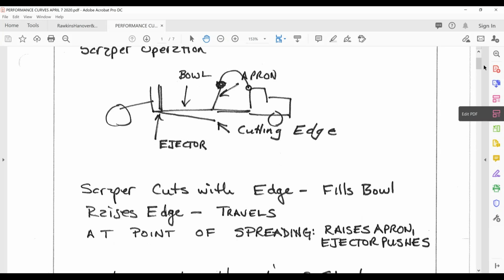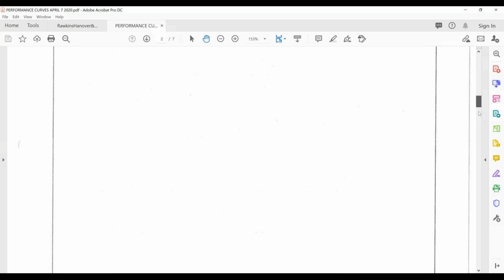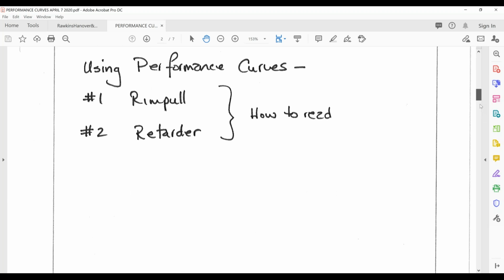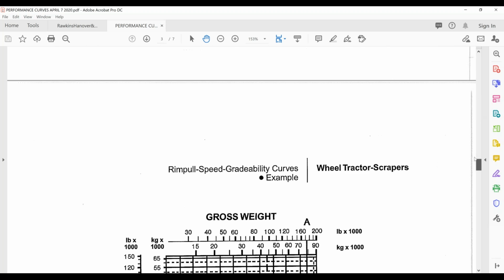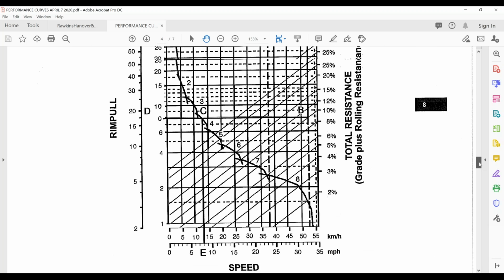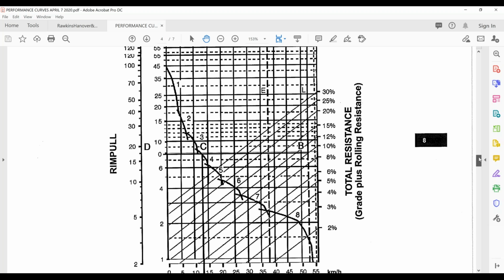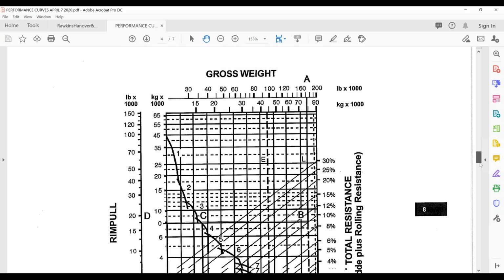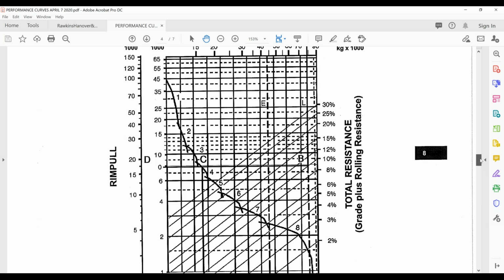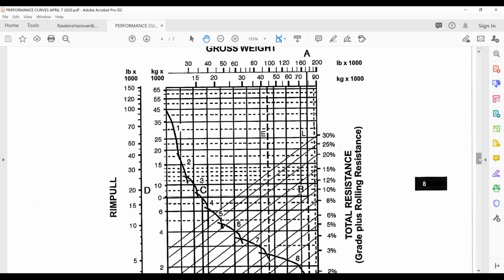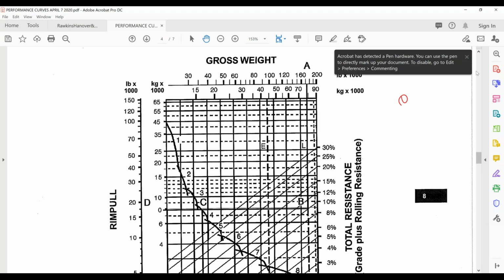So we go to our performance curve with those three data points, and we are driving, so we use our rim pull curve. We're going to assume that we have all the power that we need. We're loaded. We're going to come in here at the fully loaded weight. We come down here, and the first one we want to check is our 9% grade, which is there, right?